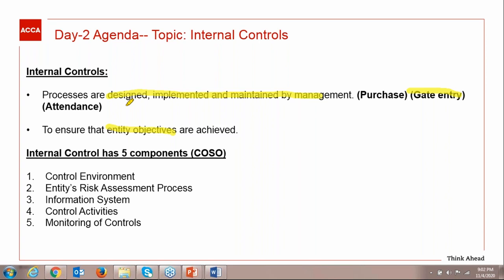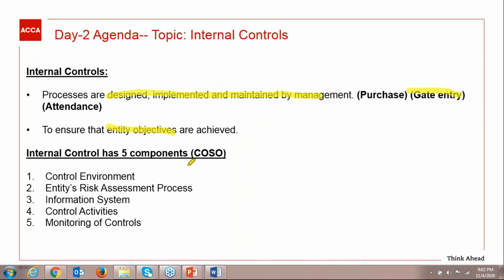Now, come to the second portion. Very good, Barbara, who mentioned that internal controls equal organization systems and processes. Yes, that's a very right interpretation. Now, internal controls have five components.